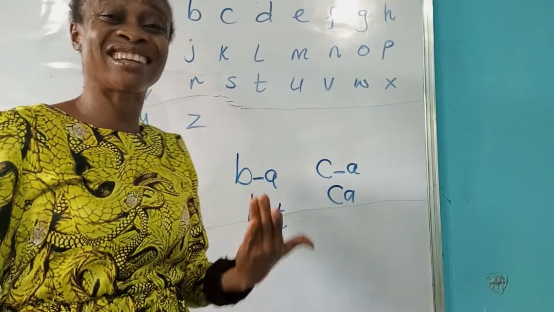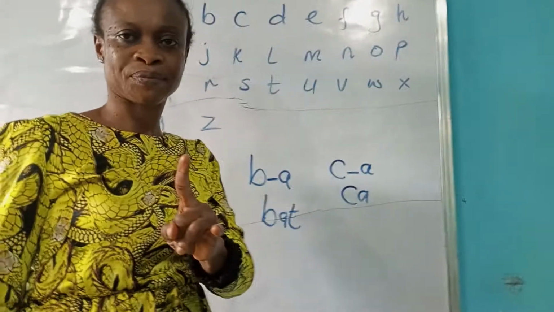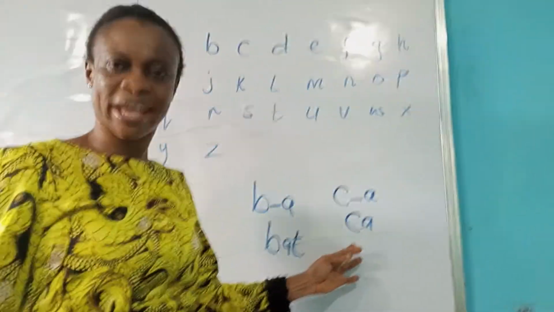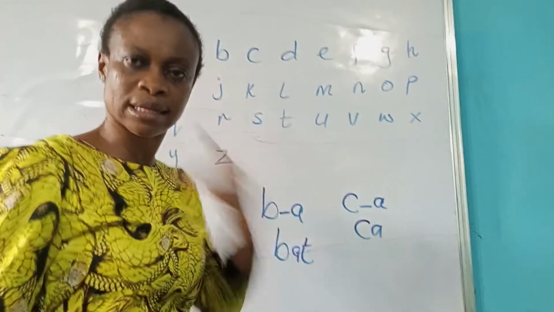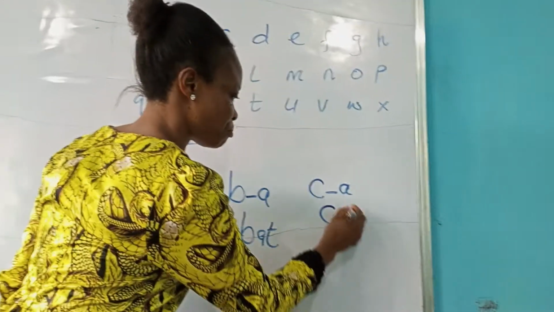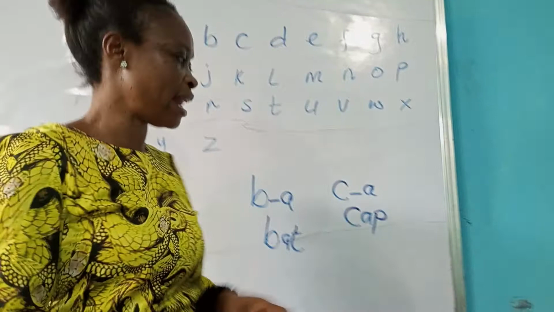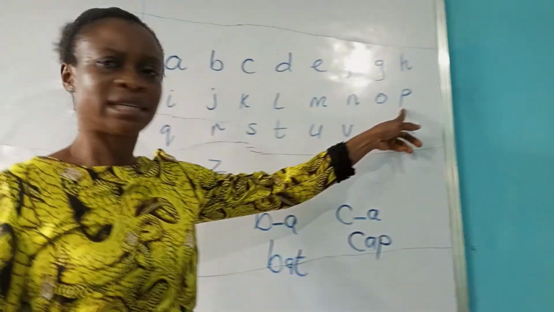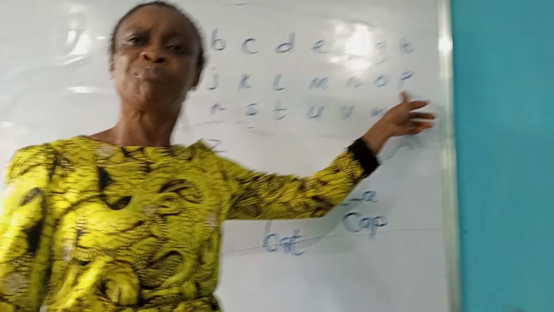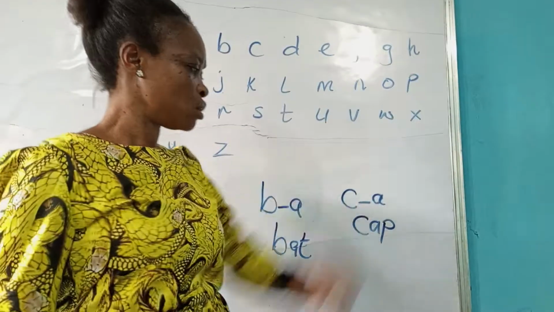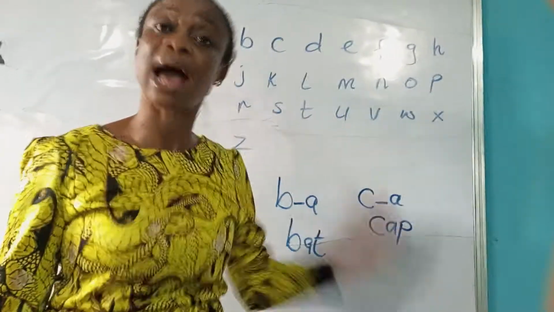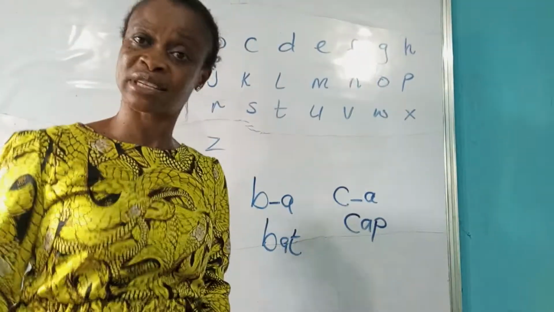And then we can add just a letter to make a meaningful English word, a letter like letter P. So when we have K, A, P, this is cap.